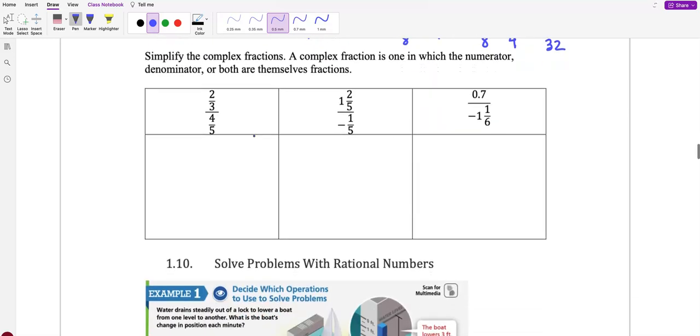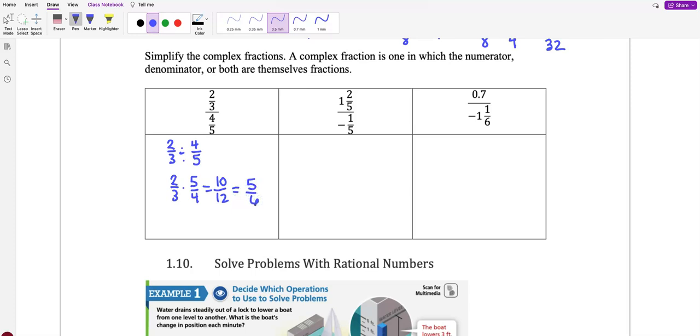A complex fraction is one in which the numerator or the denominator or both of themselves are fractions. So this is 2/3 divided by 4/5. Turn it into multiplication. That's 2/3 times 5/4, which is 10 over 12, or 5 over 6.